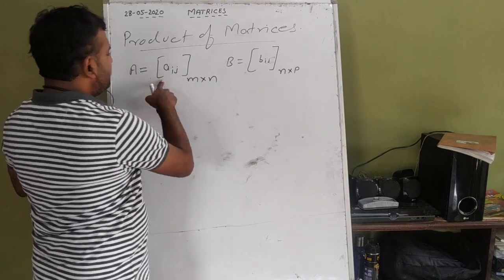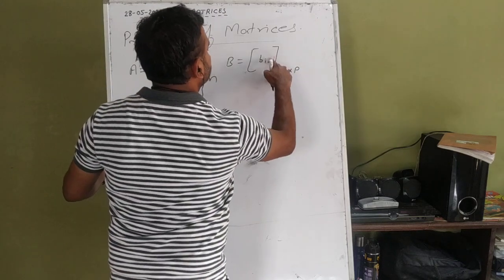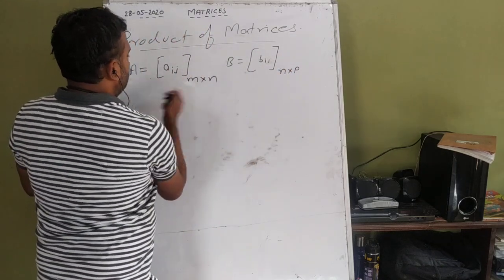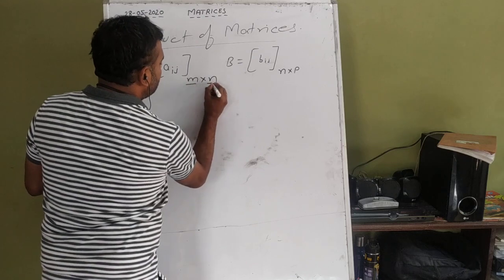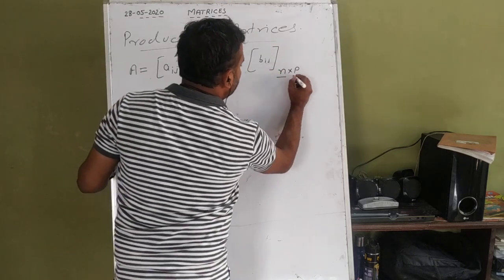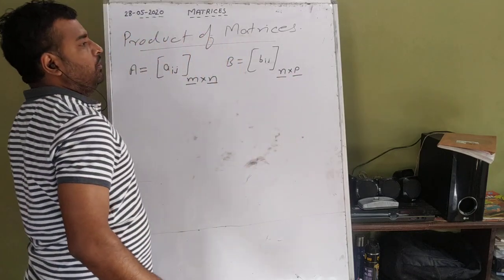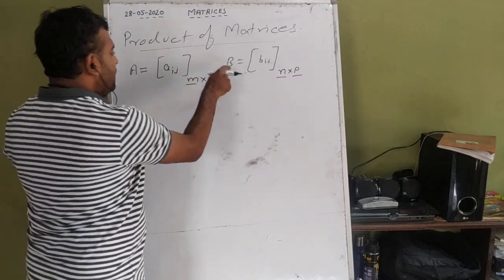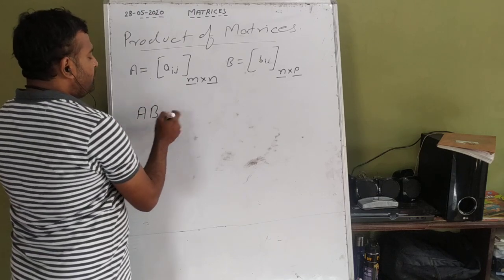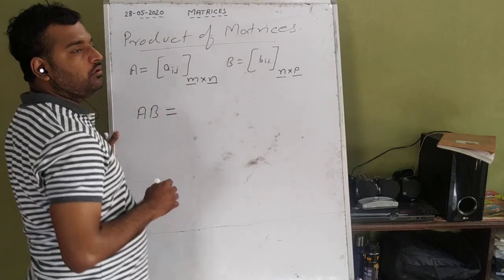A is the first matrix and B is the second matrix we have considered. If you consider the matrix A, this is m rows and how many columns? n columns. In the case of B, n rows and how many columns? p columns.